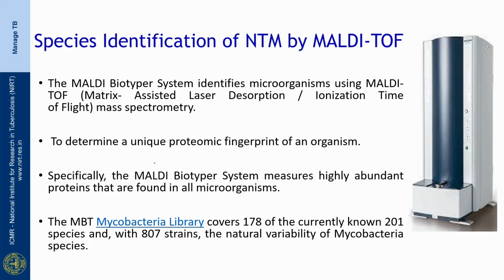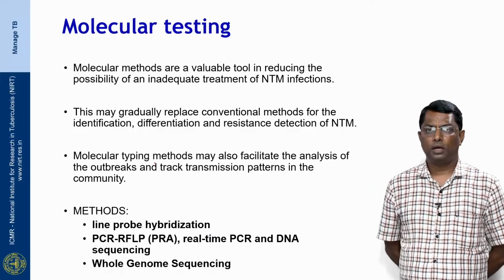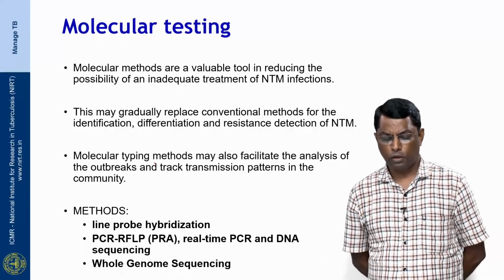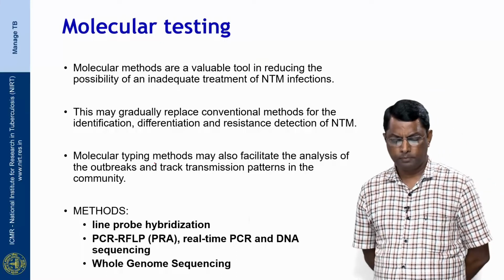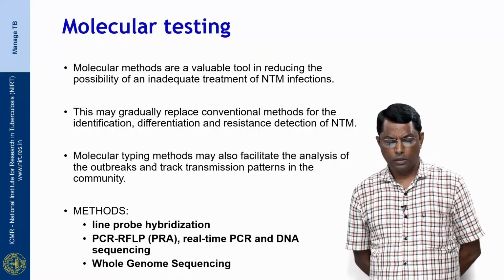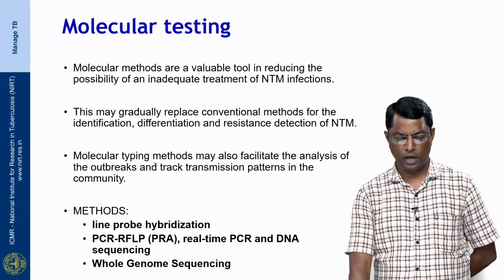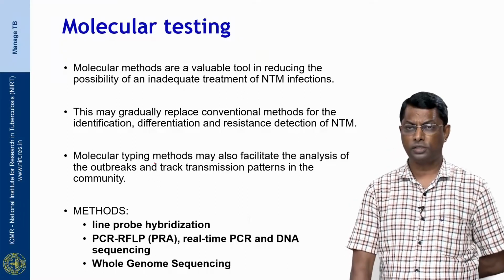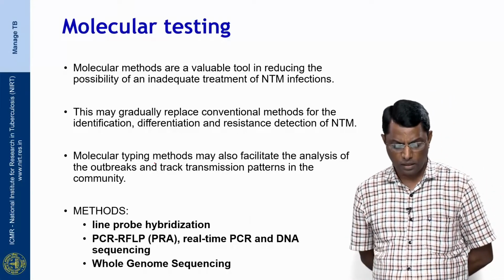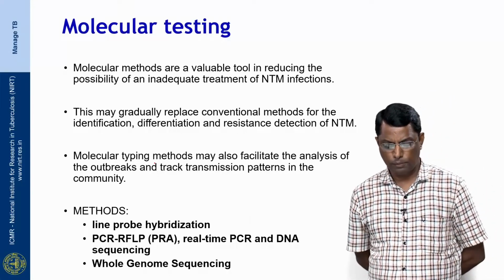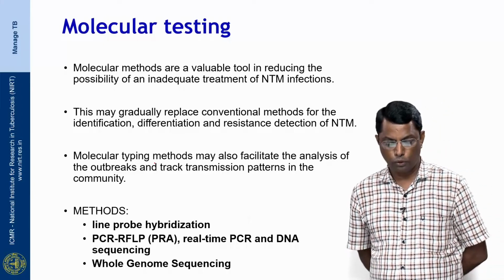of non-tuberculosis mycobacterium. There are several molecular tests also available for differentiation of non-tuberculosis mycobacterium. This may gradually replace the conventional methods of identification, differentiation, and resistance detection. These molecular tests include line probe assay, PCR RFLP or real-time PCR and DNA sequencing, and also whole genome sequencing.